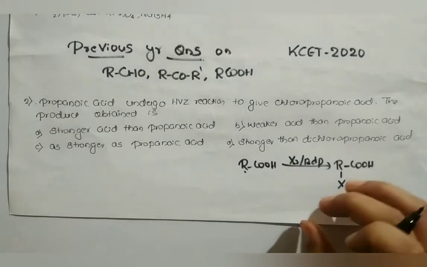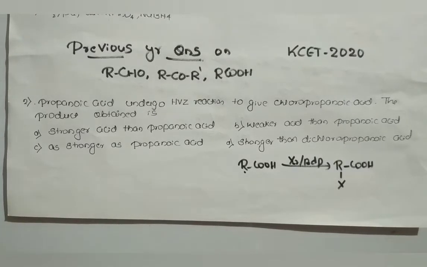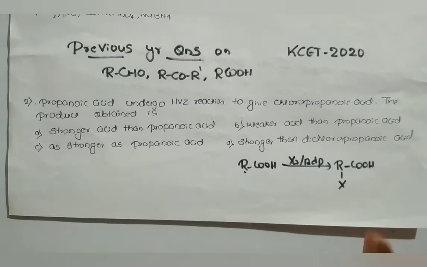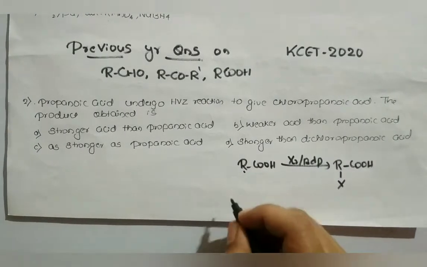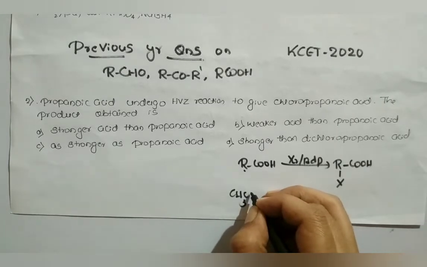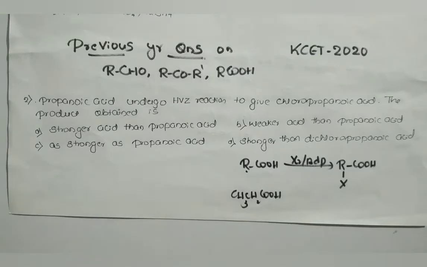So this is the HVZ reaction, but here they are not asking you the reaction. They have already told that propanoic acid undergoes HVZ reaction to give chloropropanoic acid. Propanoic acid means what? CH3CH2COOH. This is propanoic acid.